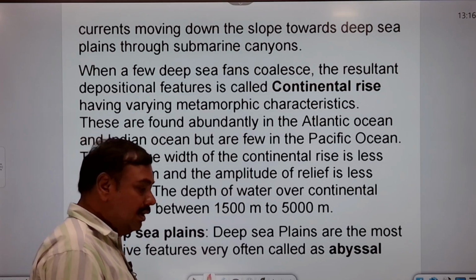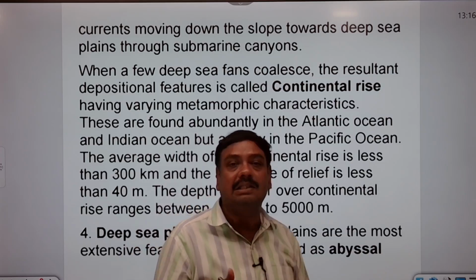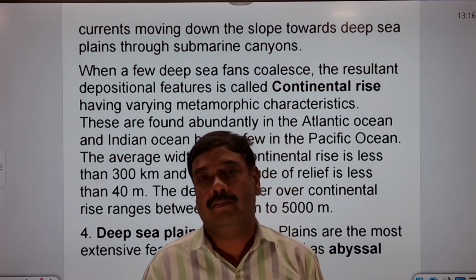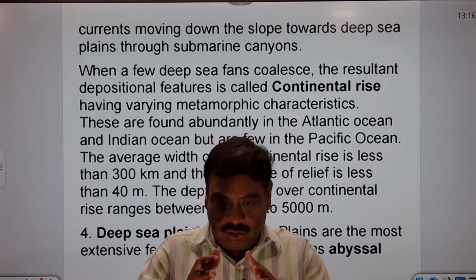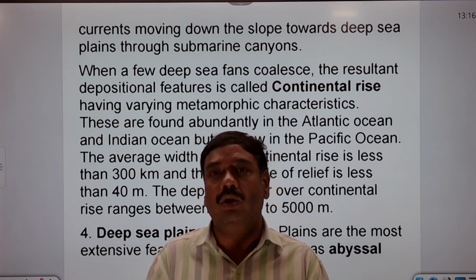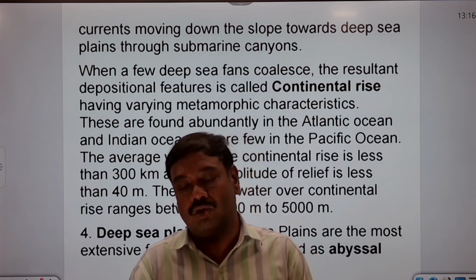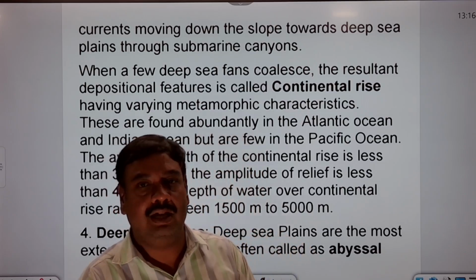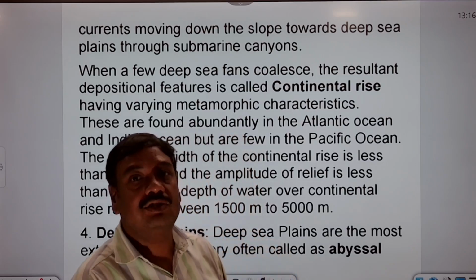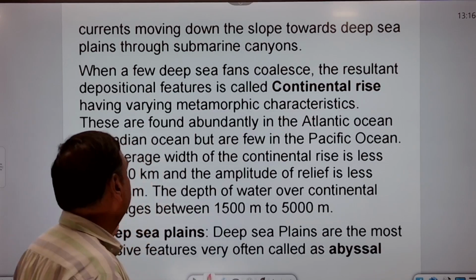So, initially the formation of the continental rise starts with the formation of the deep sea fans. Then when so many deep sea fans were formed and they coalesce, the larger landform or the larger relief feature which is formed there is called the continental rise.